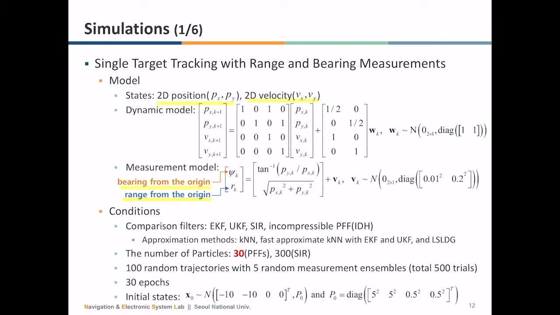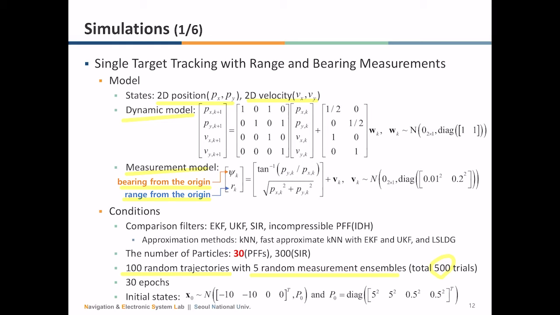Random trajectories are generated according to this dynamic model and this measurement model. The region of interest is set to a 60 by 60 square with the origin as the center, and 100 trajectories only within the region are chosen for results. 5 measurement sets for each trajectory are generated, producing a total of 500 ensembles.